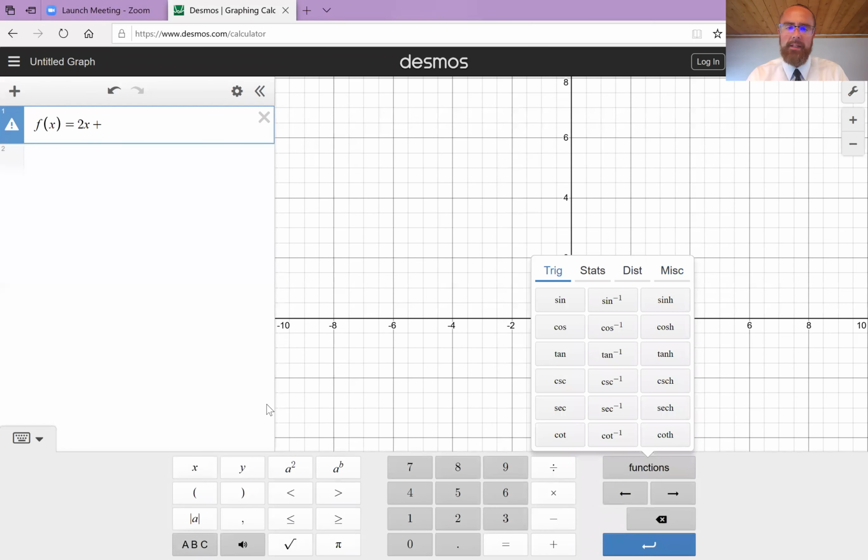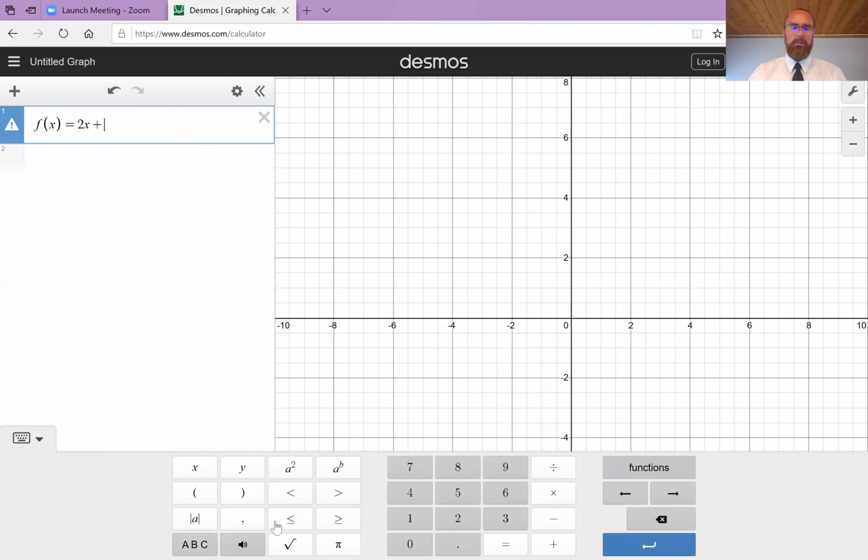Well, I'm doing all that, and then I see actually it's right here on the main screen. So as you get more and more expert at this, you'll know where these functions are. And in fact, it's right here. So it's on the main keypad.